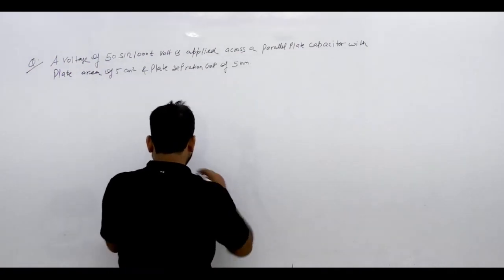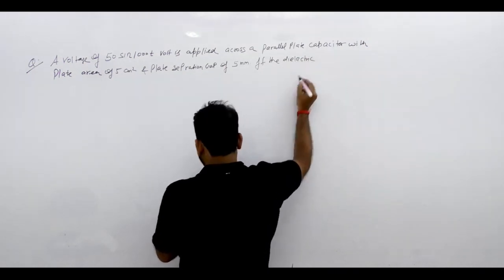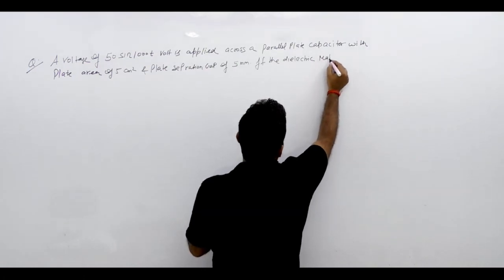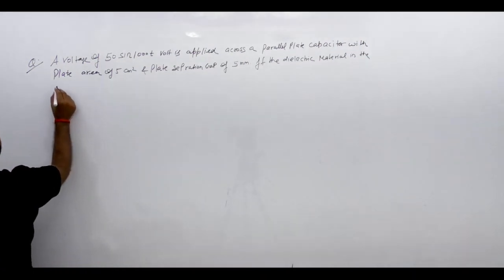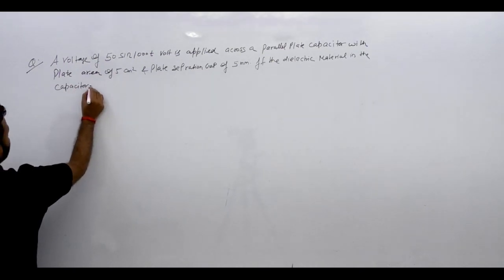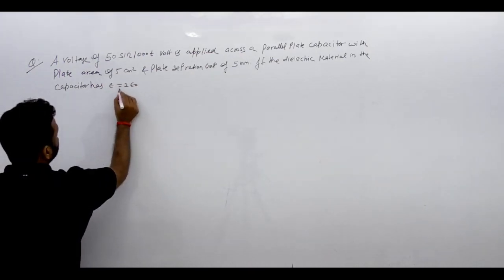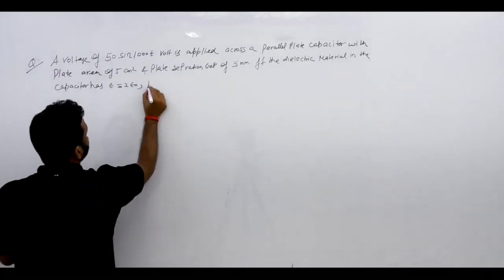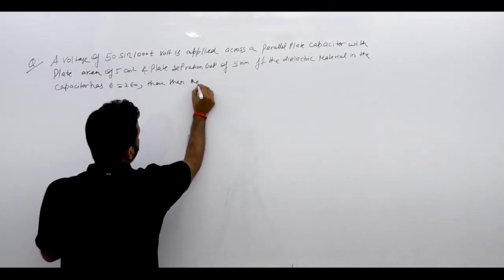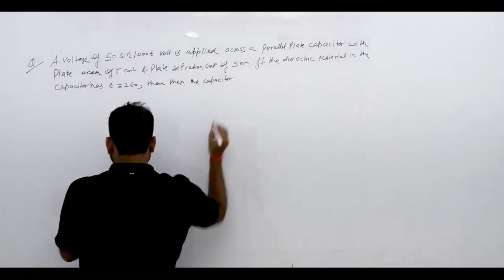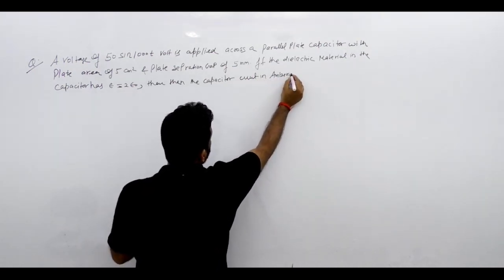Okay, if the dielectric material in the capacitor has epsilon equal to 2 epsilon naught, then the capacitor current in ampere will be.